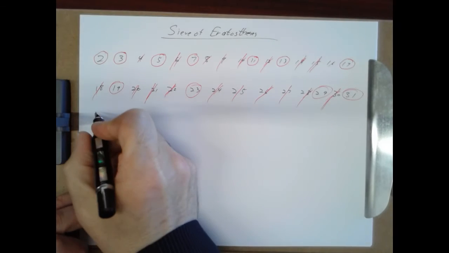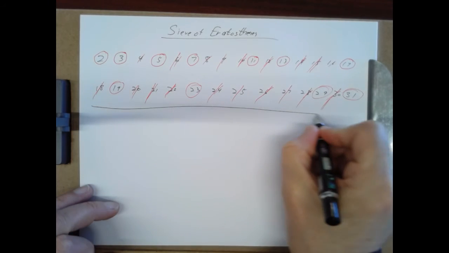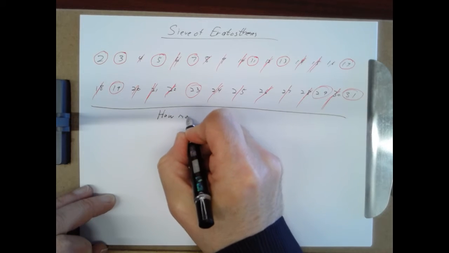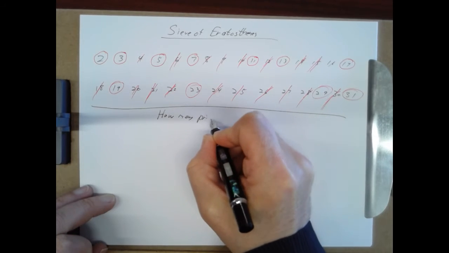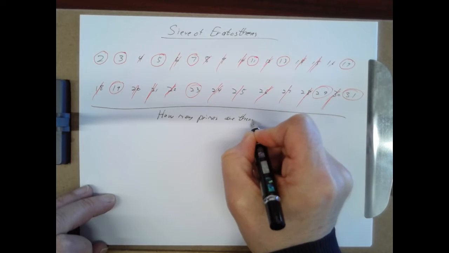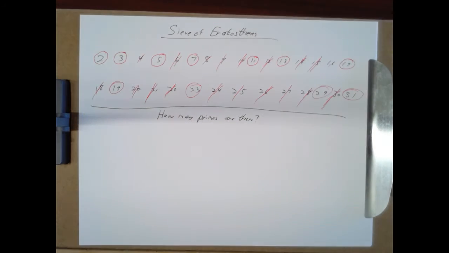All right, so this came up earlier. How many primes are there? There's certainly a lot. We've found primes with millions of digits.